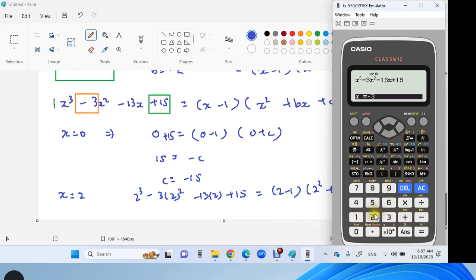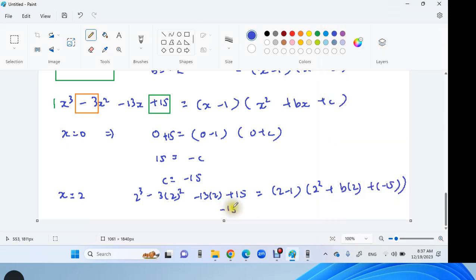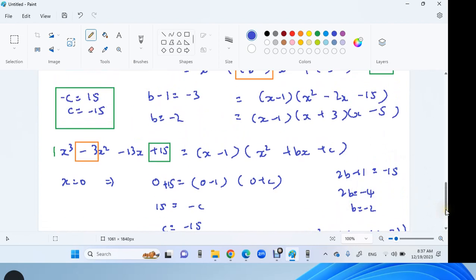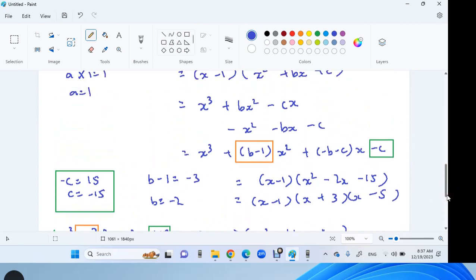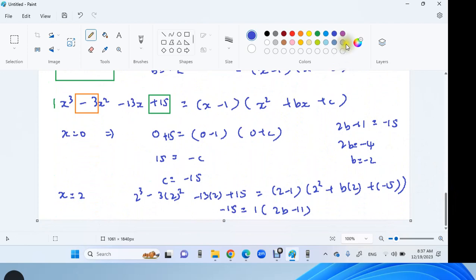We substitute with 2, then we have negative 15. So we have negative 15 equal to 1 times (2b minus 11). Then 2b minus 11 equal to negative 15. So 2b equal to negative 4, b equal to negative 2. So b equal to negative 2 is the same as the b equal to negative 2 here. So I think this way is easier.